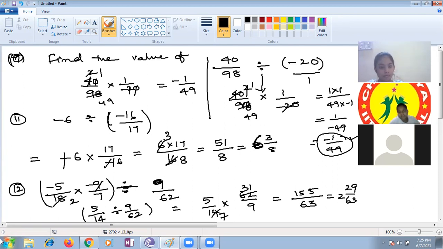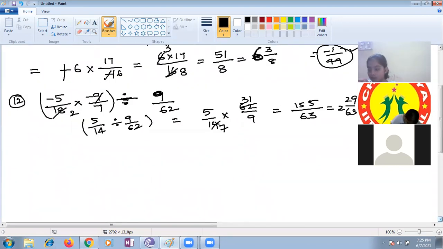See, Aditi. Ma'am, can you once explain the eighth question? Can you repeat the question? Yes, ma'am. Divide 1 by 2 plus 1 by 3.